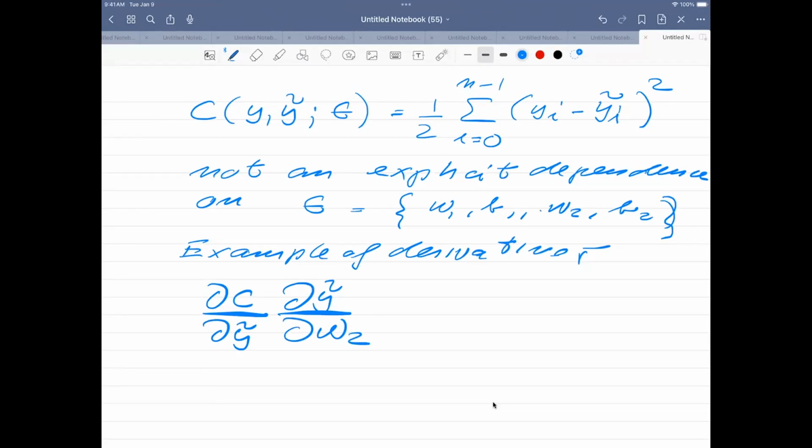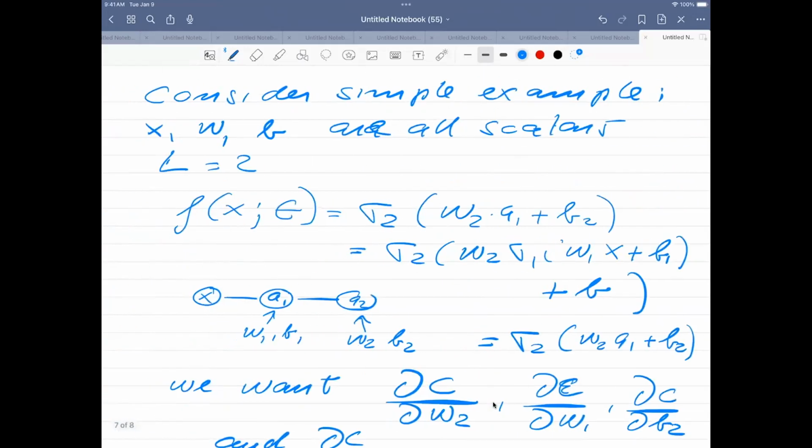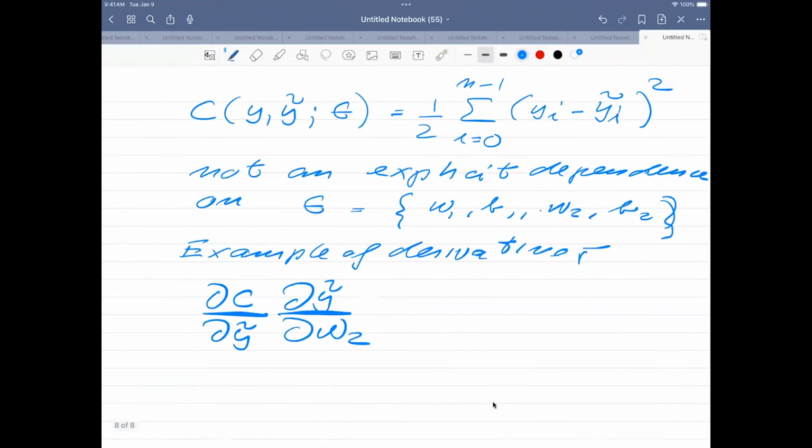Now I know that this W2 depends on, and the parameters will depend on, previous values. So what I will need to do, when I go back here, is to include, through the chain rule, derivatives of this type, etc., etc. A typical derivative which you will need would be something like a d of y tilde with respect to W1.